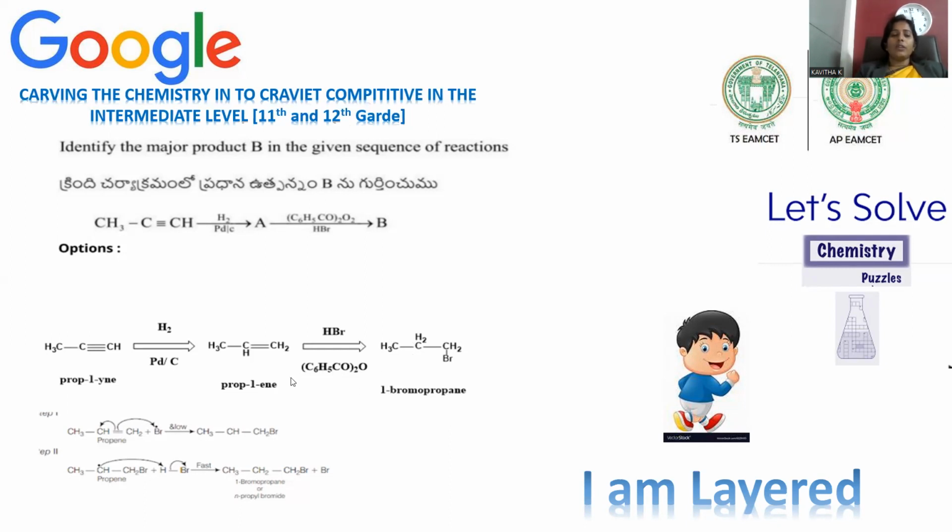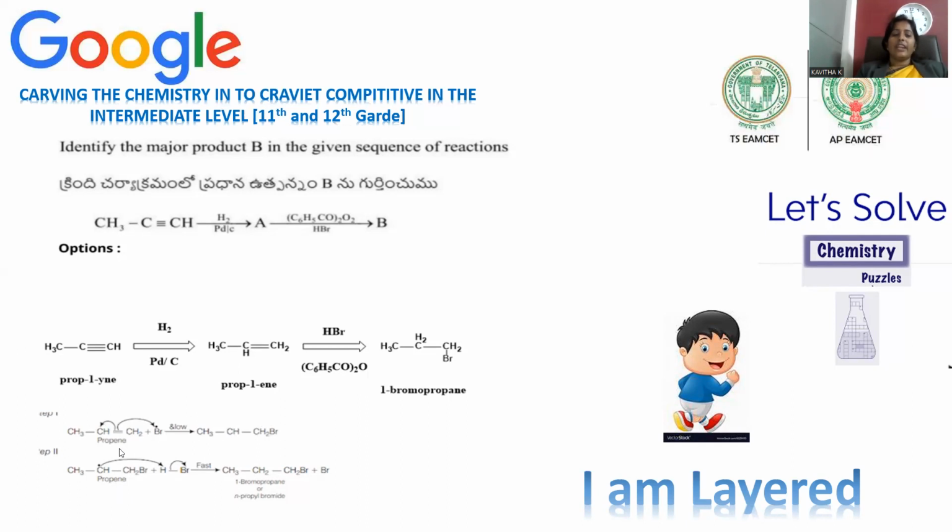Under this benzoyl peroxide, the mechanism is purely radical, free radical mechanism, so that fission is homolytic, bond cleaved equally, and bromo will be added at this terminal carbon. Because the carbon present in between, that is the secondary, in comparison to primary carbon, this will be more stable. That's the reason why. So here a secondary 2-degree carbon radical will be generated.